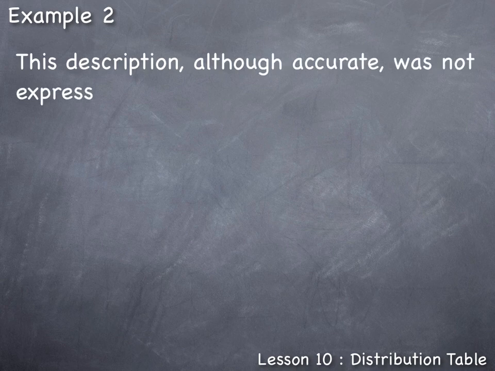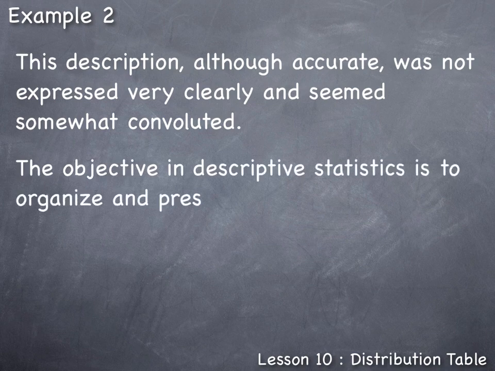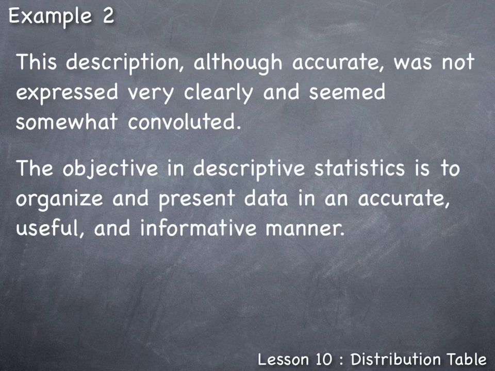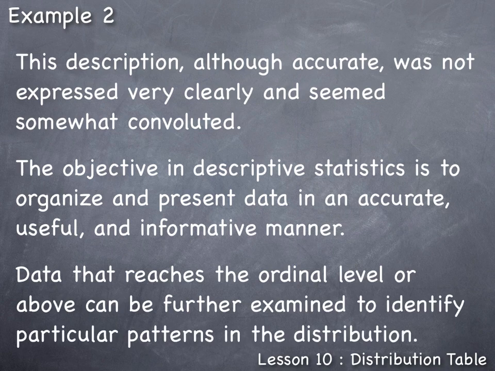This description, although accurate, was not expressed very clearly and seemed somewhat convoluted. The objective in descriptive statistics is to organize and present data in an accurate, useful, and informative manner. Data that reaches the ordinal level or above can be further examined to identify particular patterns in the distribution.